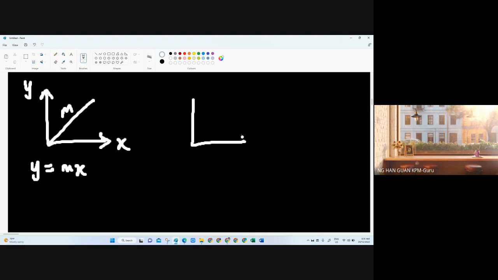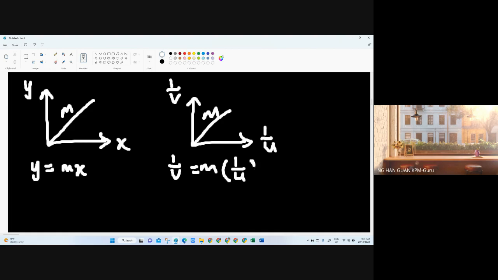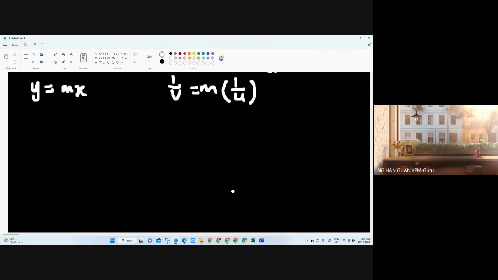So when we have 1 over v against 1 over u, we should have 1 over v equals the gradient multiplied by 1 over u. This is one. And the next one is 1 over f equals 1 over u plus 1 over v.